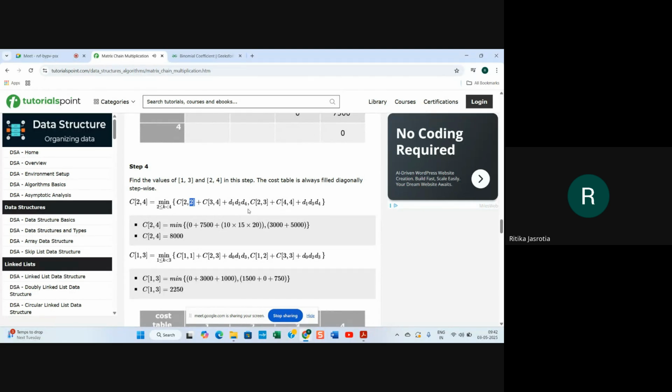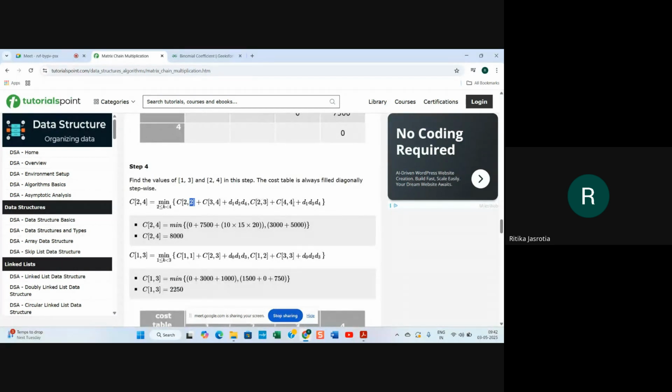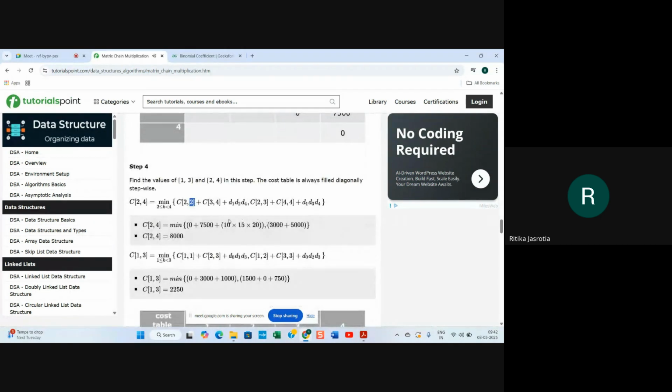Then one more thing you have to take is C23 plus C44 plus D1, D3, D4. We have already calculated 2 3 here.